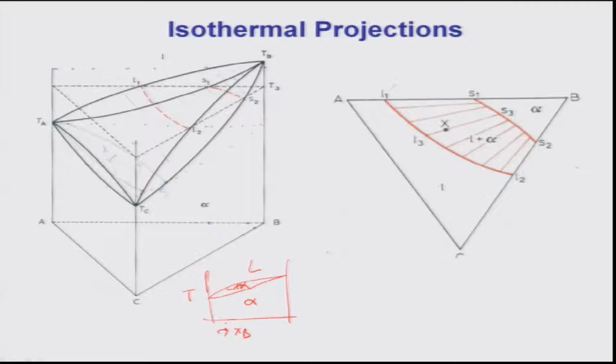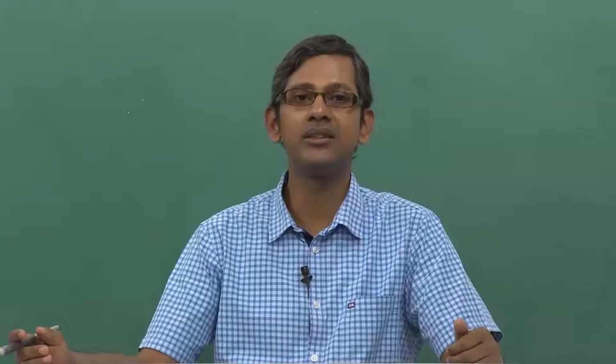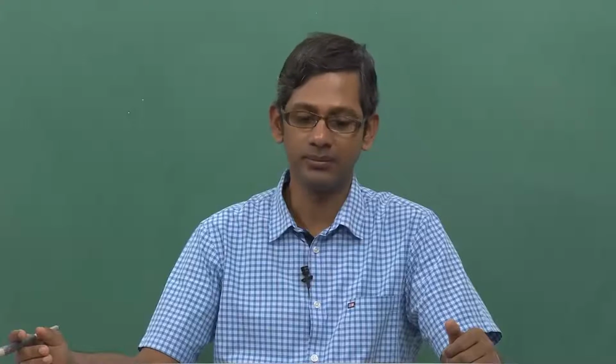Now, as you have seen, this is a very simple ternary phase diagram, and we can look at the three dimensional model and understand it, but there may be situations where the three dimensional model is very complex, and because of that we need to look at projections. One of the best ways of taking projections is taking sections at some constant temperature. Sections at different temperatures are called isothermal sections.